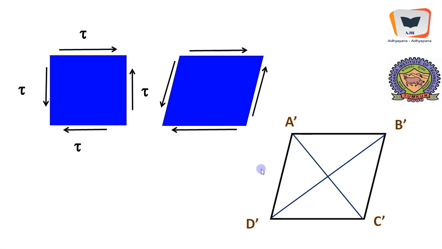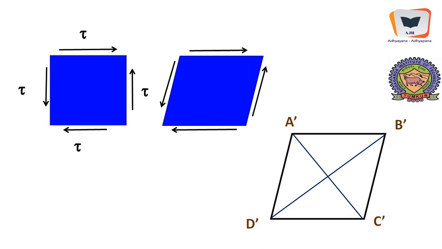One of the diagonals is elongated, the other diagonal is compressed, and this is exclusively not due to axial forces. We have not applied any axial forces over this diagonal. It is a side effect that is caused by the shear. Shear is applied on the surface all around, but in effect it makes one of the diagonals elongated and the other diagonal compressed.